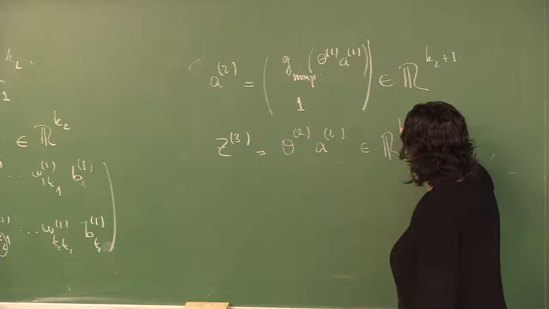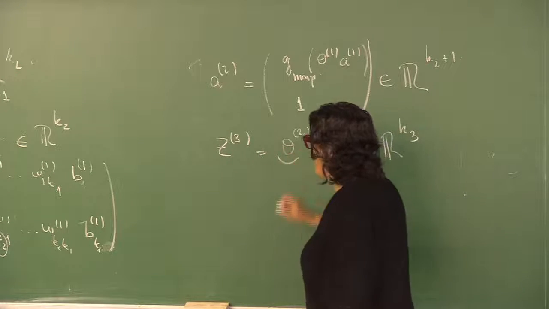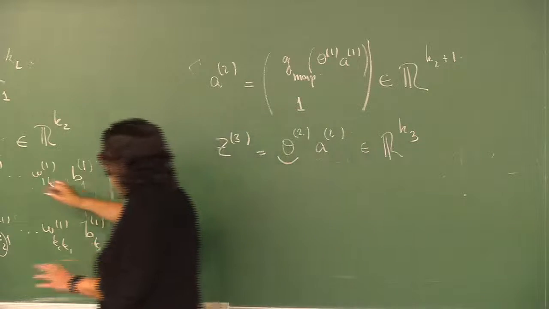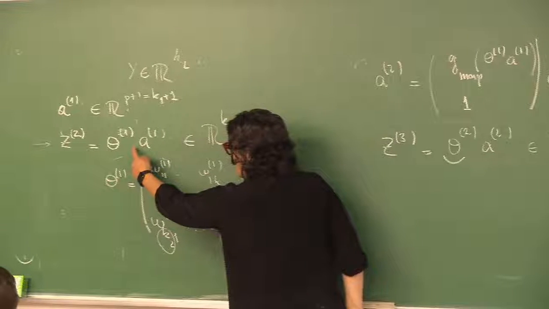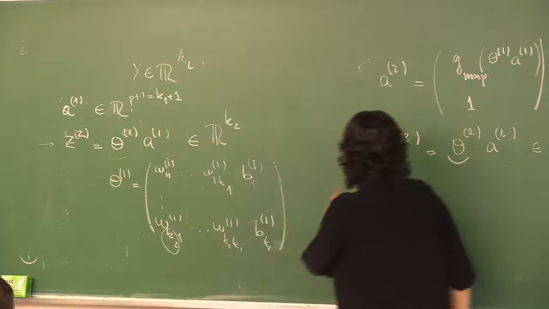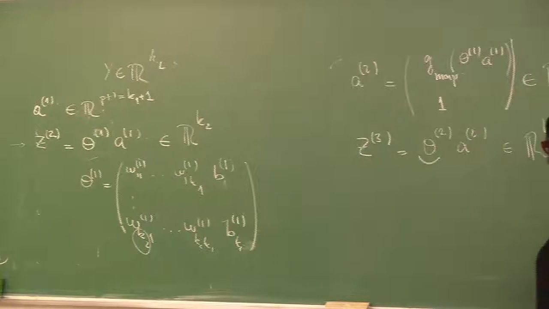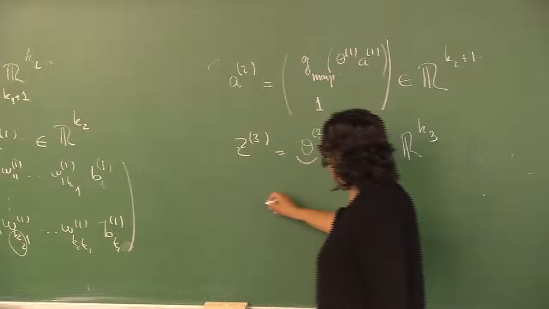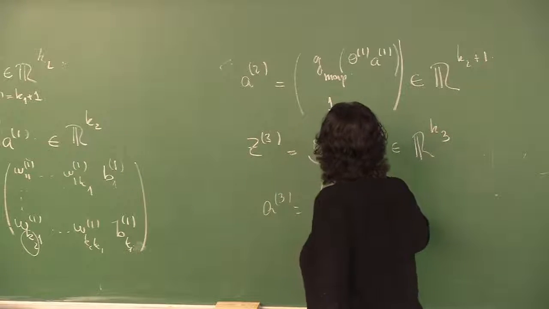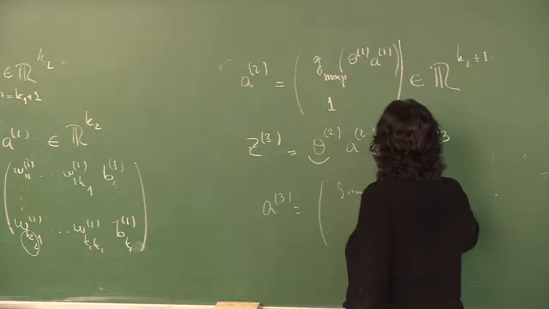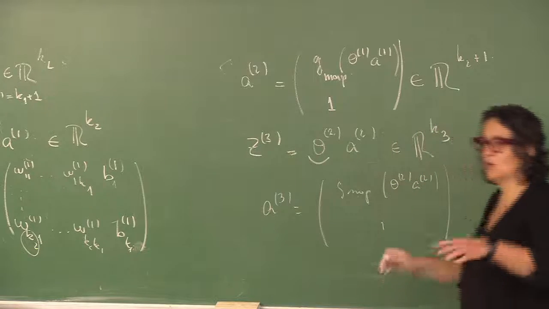Therefore, this is going to belong to K3. This matrix, look at how many parameters. These are my parameters that I have to estimate. Here I have K2 times K1 plus 1 parameters. Here I have K3 times K2 plus 1 parameters, okay? And now again, A3 is going to be my G map of theta 2, A2, 1, and so on.